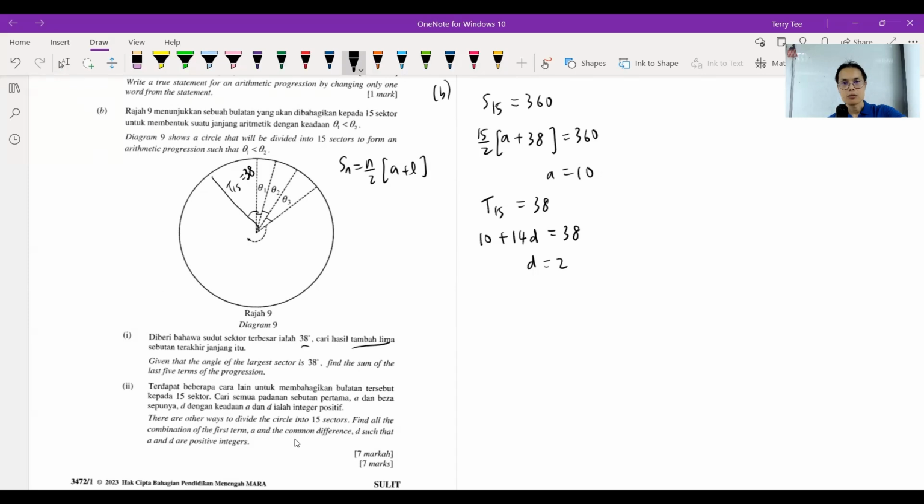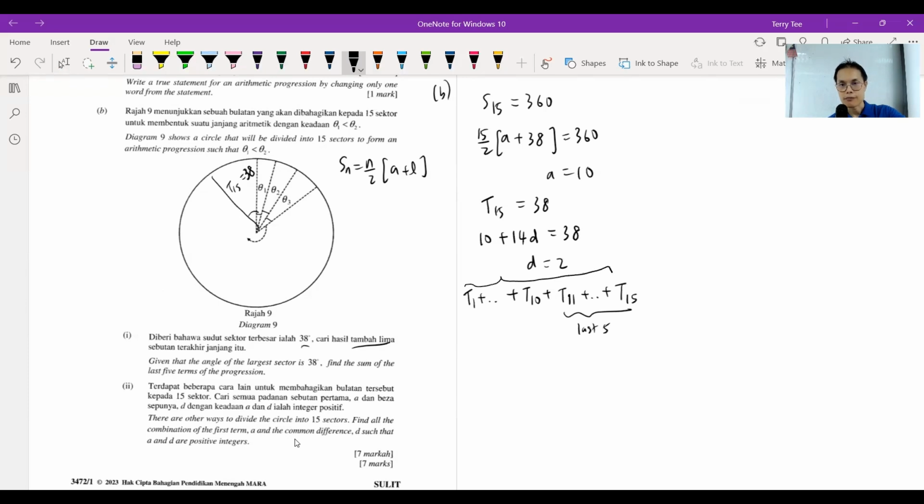Now, next, we can use sum of the last 5. Okay, we know that the first 10 is T1 to T10. The last 5, not the last 15, sorry. The last 5 is T11 to T15. So this is the last 5. 5 sebutan terakhir.